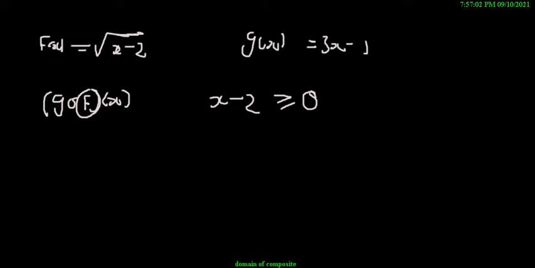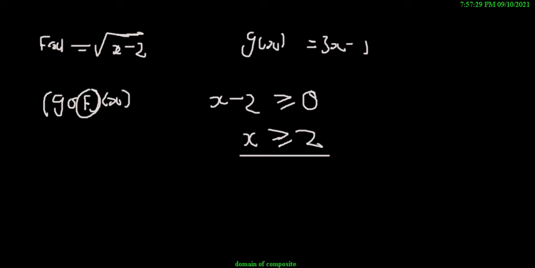So x should be greater than or equal to 2: if we put 2 we get 0, if we put 3 we get 1, and so on, which is okay.